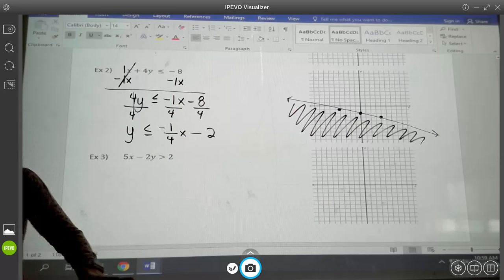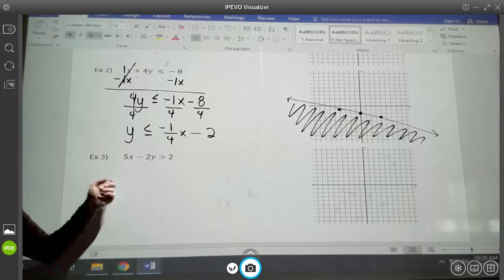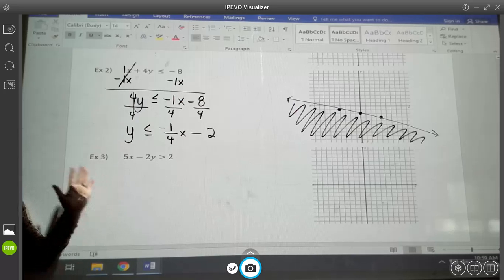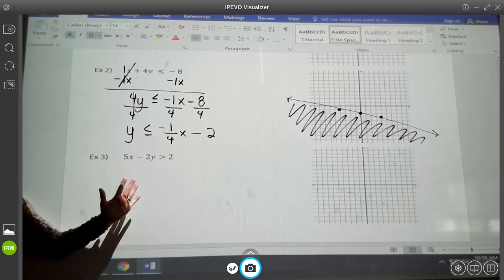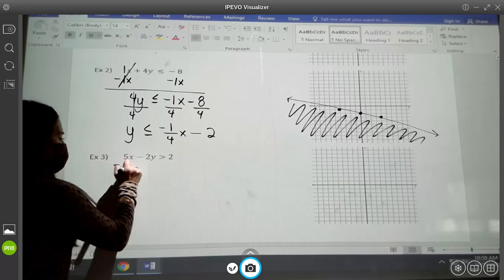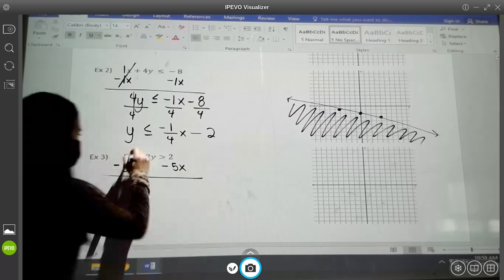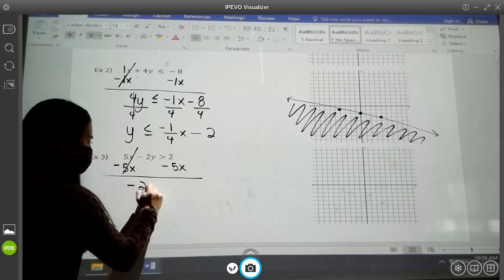Let's try this one. What if they want you to solve this inequality, right? Well, let's solve it for y. Minus 5x to the other side. We get negative 2y is greater than, I can't combine them, so I'm going to put my negative 5x first and then my plus 2.